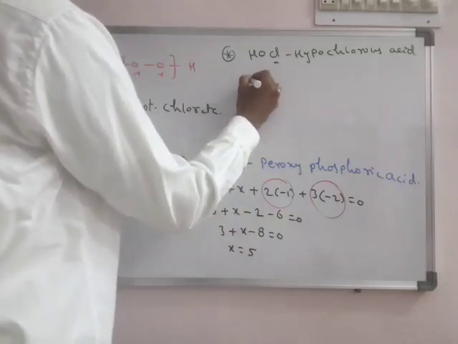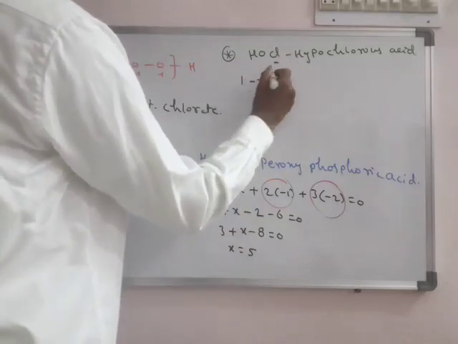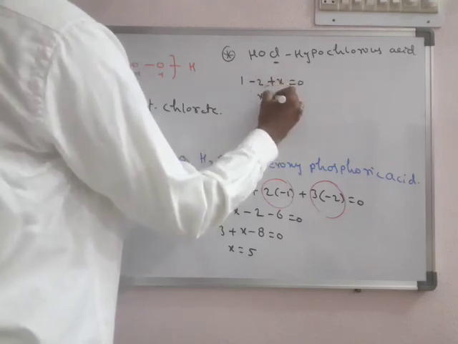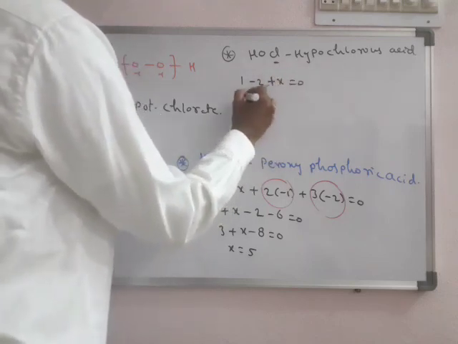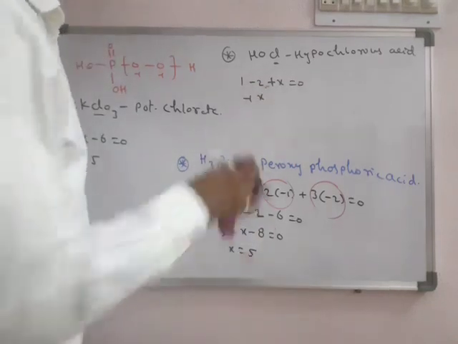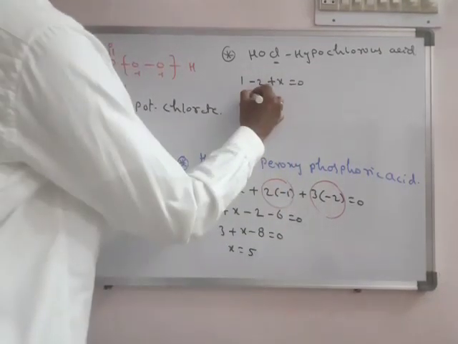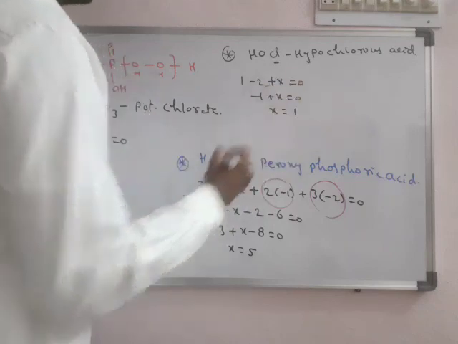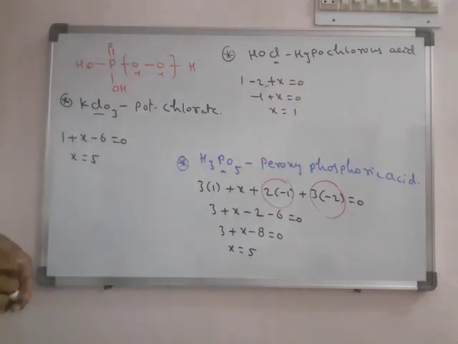So hydrogen 1, oxygen minus 2. So chlorine shows plus 1 oxidation state also, plus 5 also. Next, bleaching powder has 0.